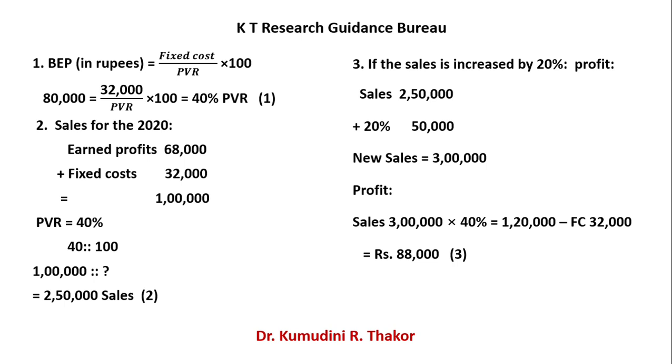So what is the effect on profit? That is 88,000. Previously your profit was 68,000. So if you increase your sales, then obviously your profit will also increase. So with the relation of one variable, try to understand the impact of that variable on another one.